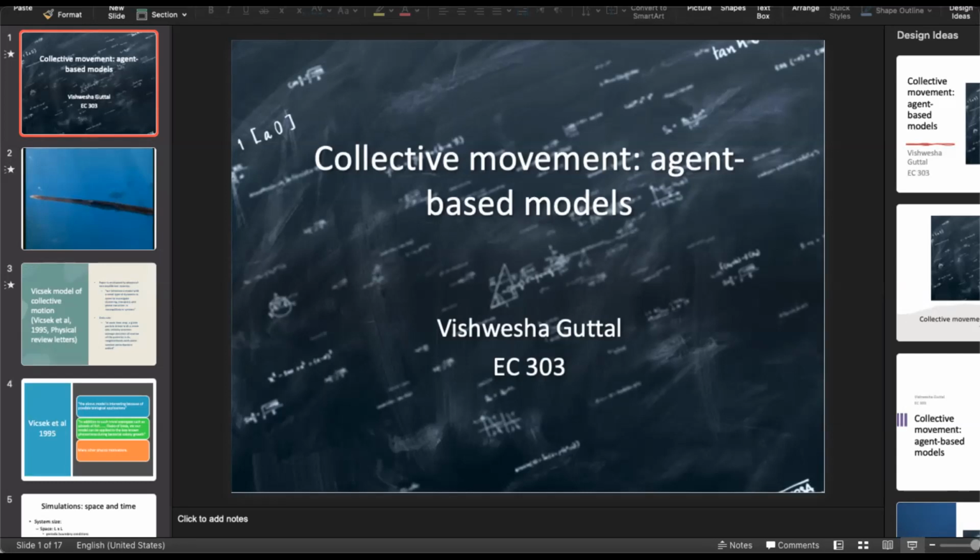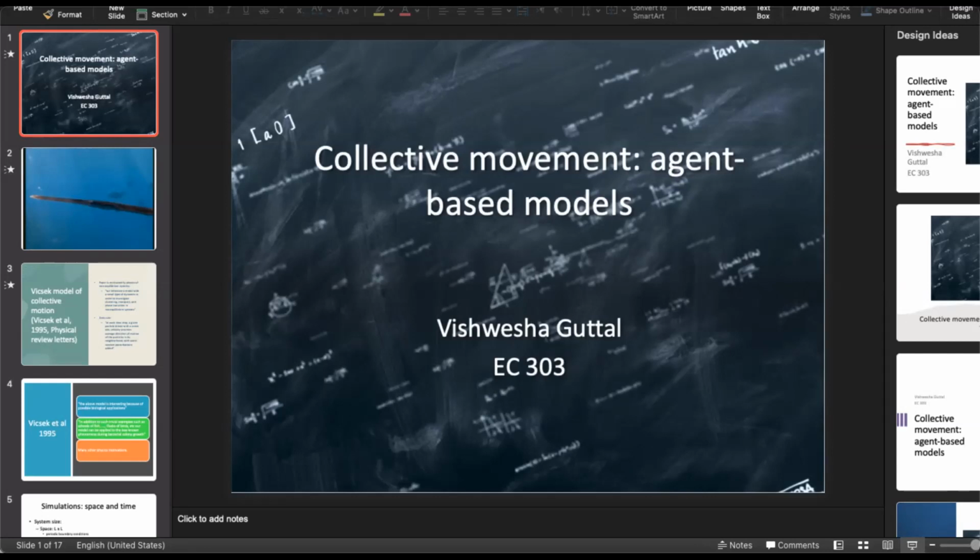In fact, the earlier computational models were built in the 80s by computer scientists and so on, and various modifications of those began to be used in animation movies.